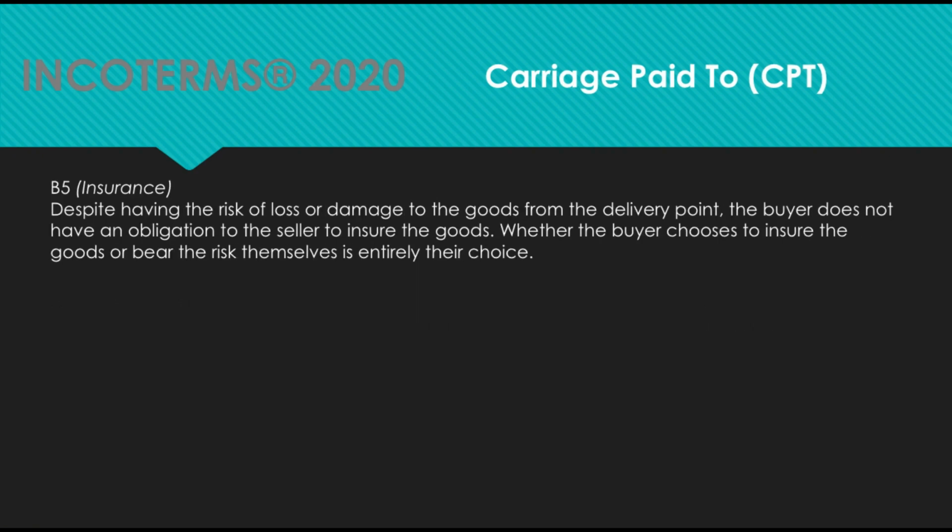B5 insurance. Despite having the risk of loss or damage to the goods from the delivery point, the buyer does not have an obligation to the seller to insure the goods. Whether the buyer chooses to insure the goods or bear the risk themselves is entirely their choice.